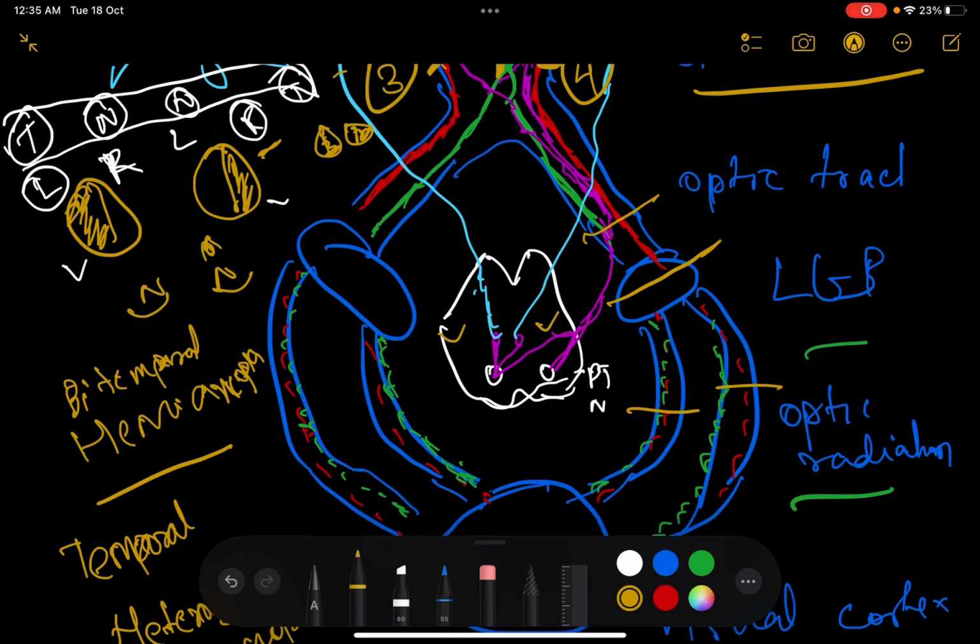Now the point that I'm trying to make is that if it passes through the Meyer's loop, that is the inferior temporal lobe, the fibers affected are the inferior fibers, the ones that pass through the temporal lobe. The fibers affected are obviously the ipsilateral temporal fibers and the contralateral nasal, but the inferior fibers are affected, correct?